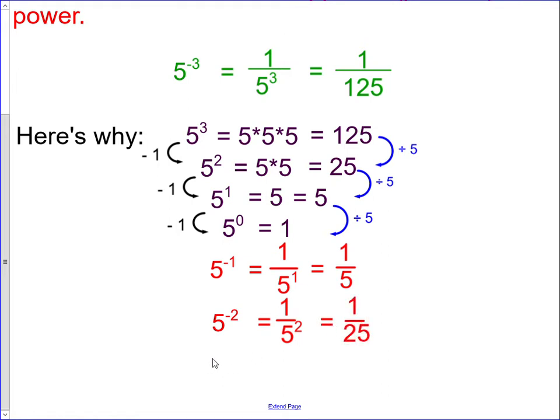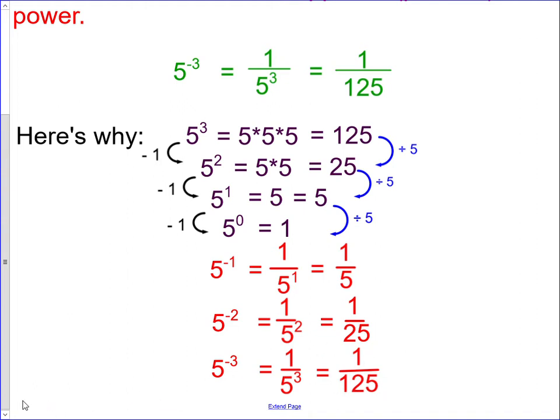Let's go one more time and we can prove if our example was correct. Let's go with 5 to the negative 3 power. Well, according to the rule, that would be 1 divided by 5 to the third power. If we continue our pattern over here, 1 over 25 divided by 5 would be equal to 1 over 125.